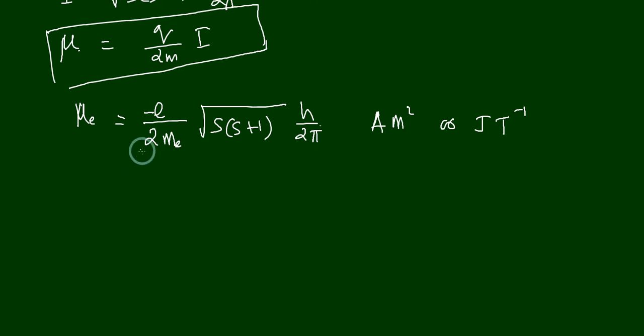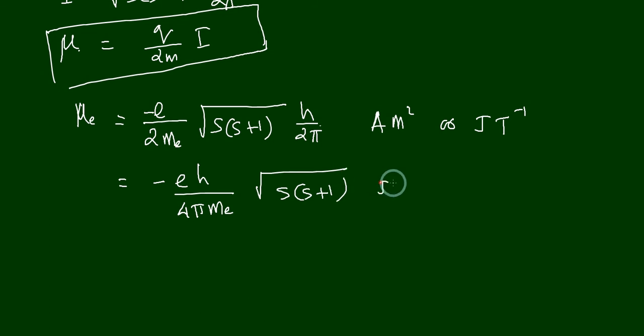So here the magnetic moment of the electron is equal to minus e by 2me into h divided by 2 pi into root of s into s plus 1. So let me write it as minus e h divided by 4 pi me into root of s into s plus 1 joules per Tesla. This is the magnetic moment.